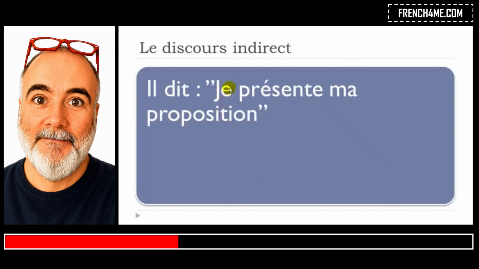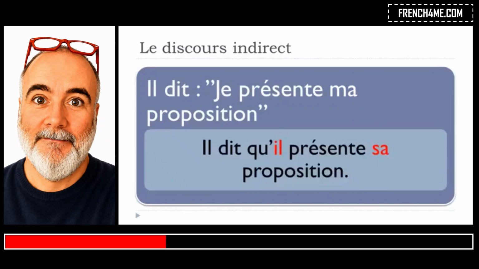So in that sentence, we know, of course, because we've been seeing that in the previous examples, that je will have to change. And then in that case, we assume that this ma, so adjective possessive, will have to change also. And let's have a look.